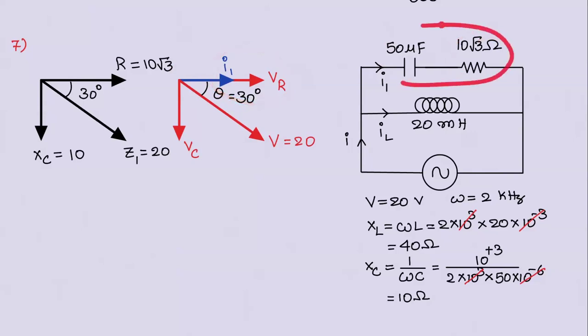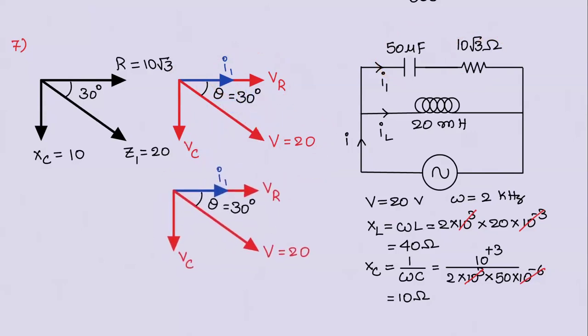If you want to take the entire thing as a single combined system, then you should take this part. I'll make the diagram, 1 minute. This is the case. Over combined, na? These two are combined and we got this phasor, right?